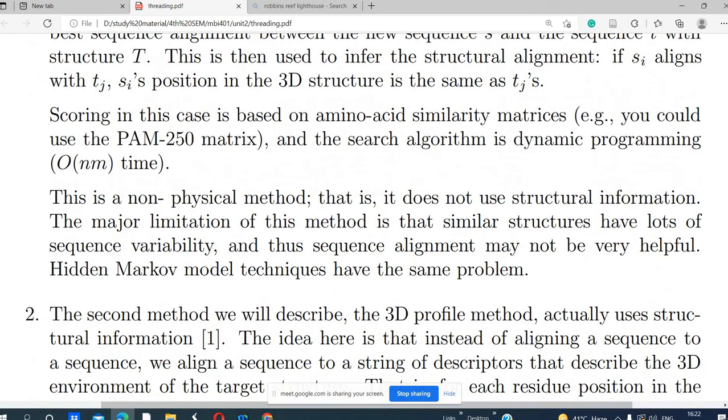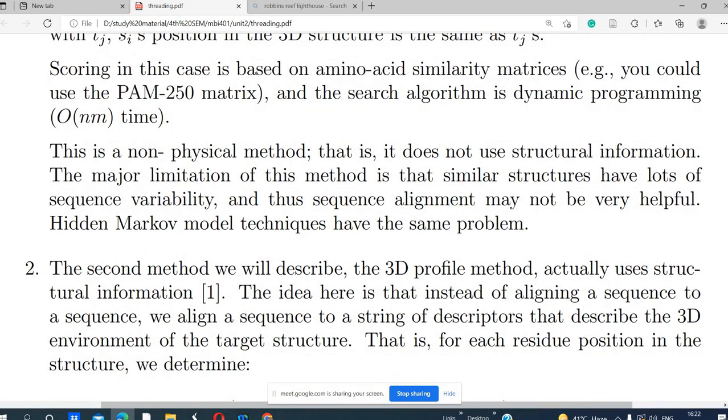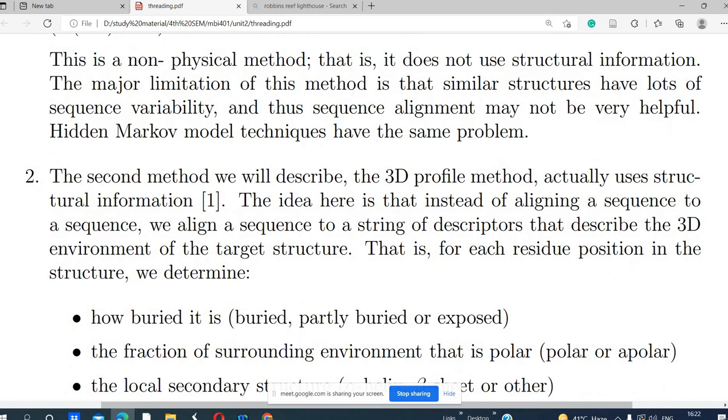That is important. If there are more matches, then it is important. Structural matches are important. Whether the amino acid is the same or not, if in the structure it is the same, then it is important. Structure has lots of sequence variability.